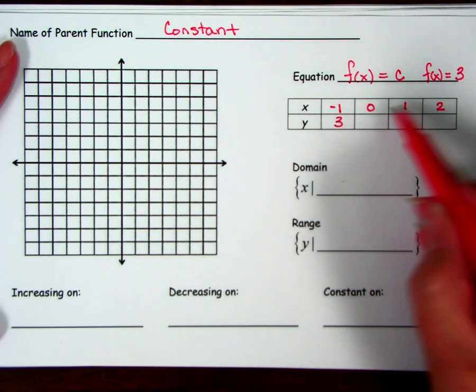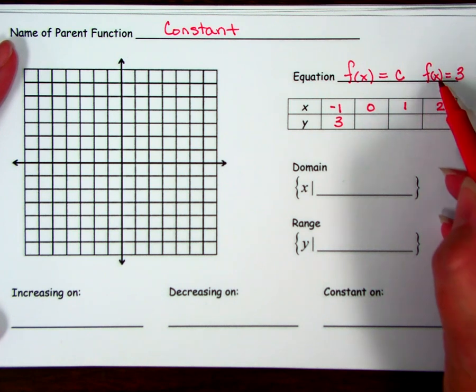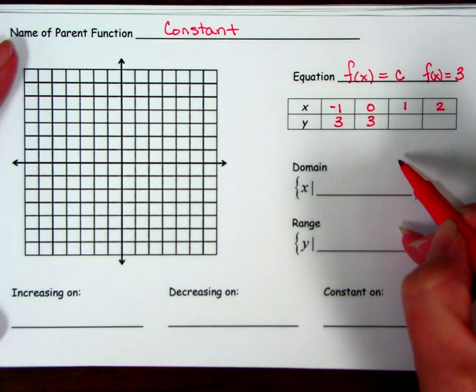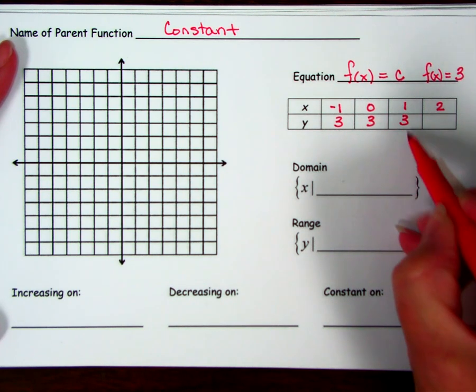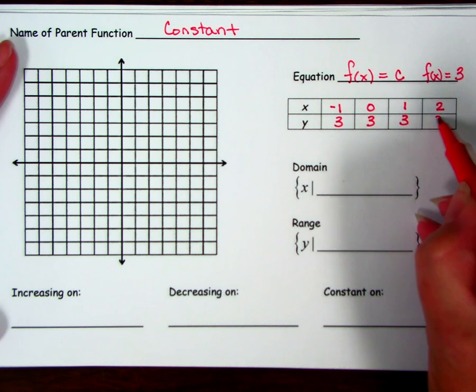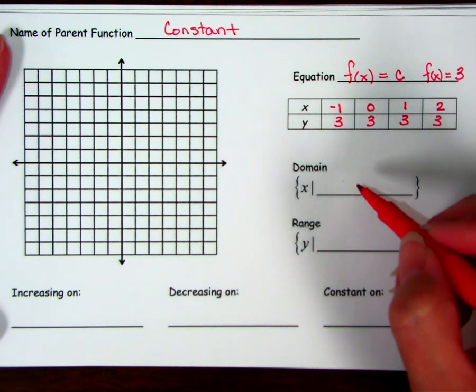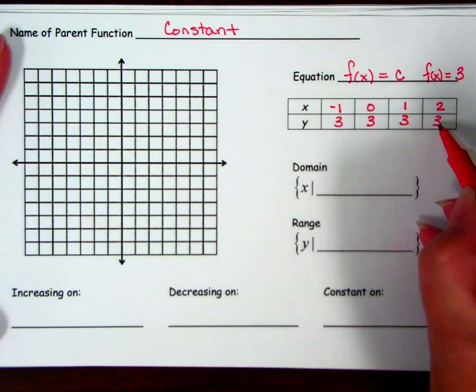And if x is 0, again, since there's no x in the equation, this would just say y is equal to 3 still. So x is 0, y is 3. And if x is 1, y is 3. X is 2, y is still 3. So now I have a list of points that I can plot. So I've got -1, 3, 0, 3, 1, 3, and 2, 3.